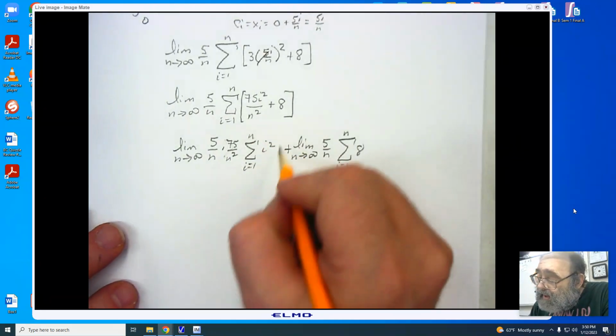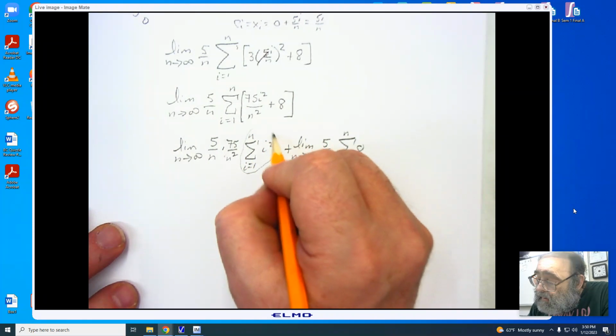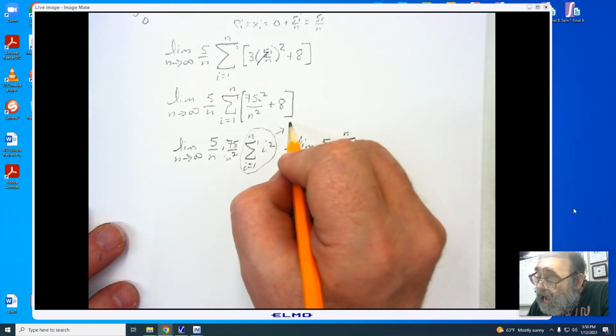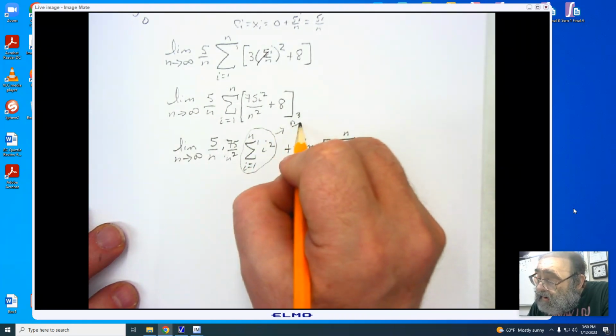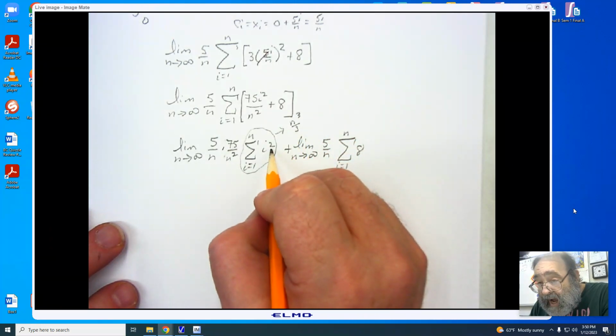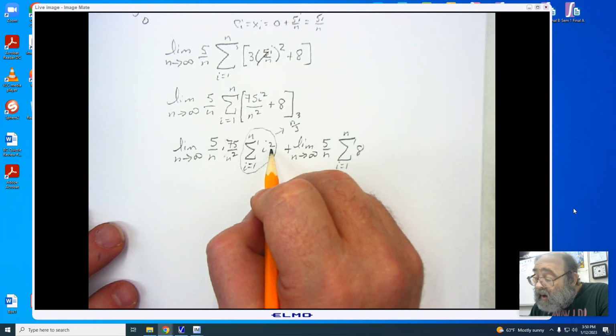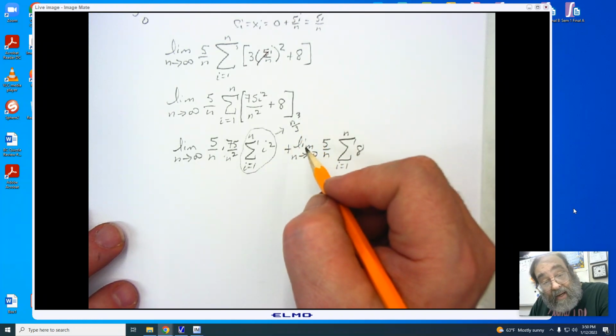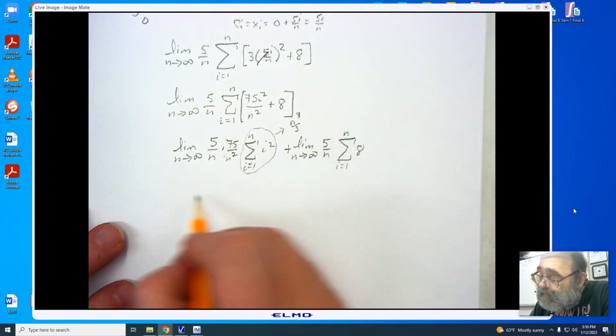Once again, we're going to replace this piece right here with n to the third power divided by 3. Notice it's always 1 power higher than the i. So if I have i squared, I'm working with power of 3 divided by 3.